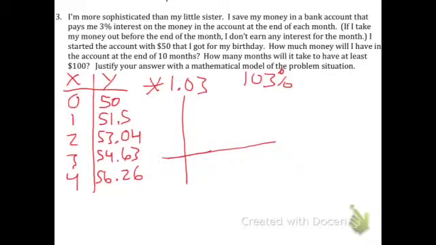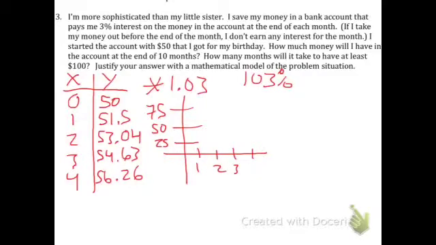Okay, we're gonna graph this pretty quick. You notice how we got all these decimals here, and so we're just gonna have to make our best guess on getting the values down. And here I'm just going to count by 25s on my vertical axis, and on my horizontal I'm just going to count months. 1, 2, 3, 4.